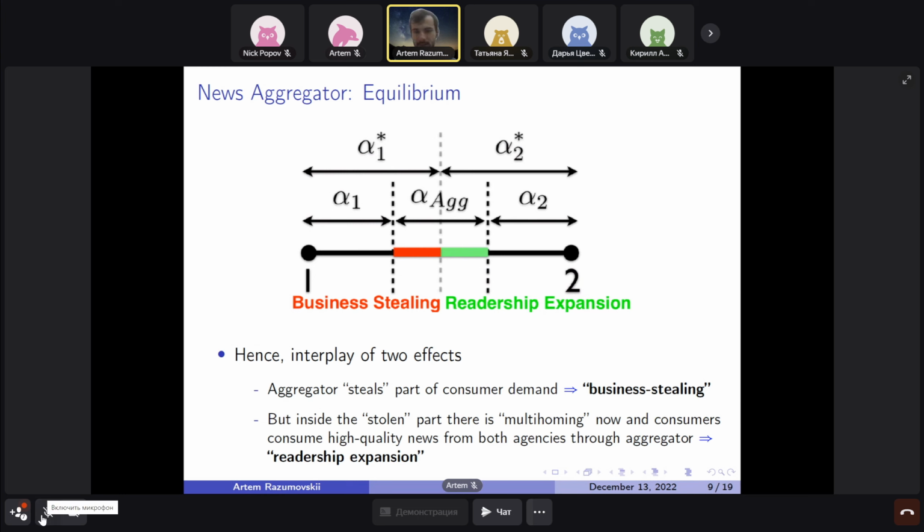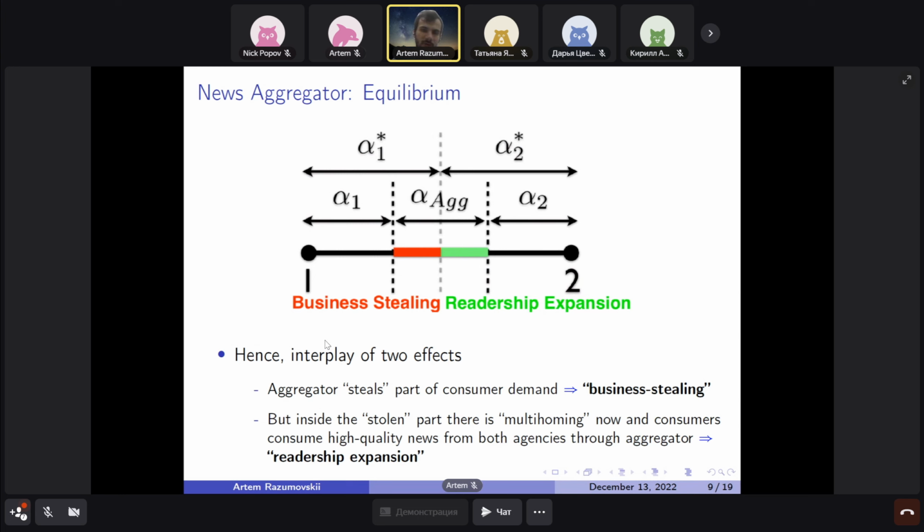Later on, we will talk about that, so it can be that you pick topics of high quality such that readership expansion is low and business stealing is high, or vice versa, or which effect prevails. Okay. And that's the next step question, because you remember that agencies can choose the high quality topic, and this affects the decision of the aggregator to enter the market or not.